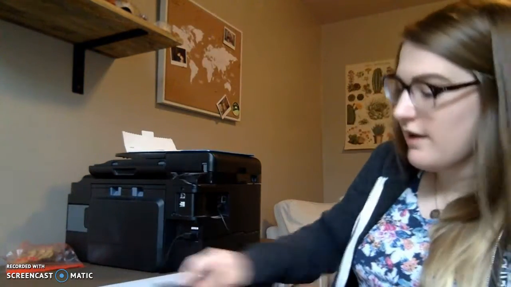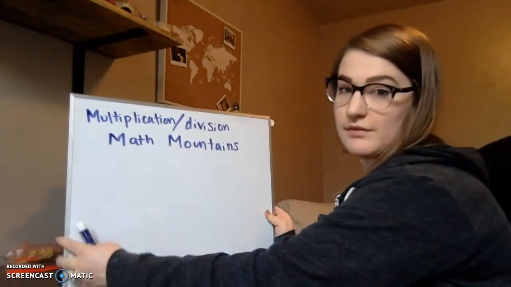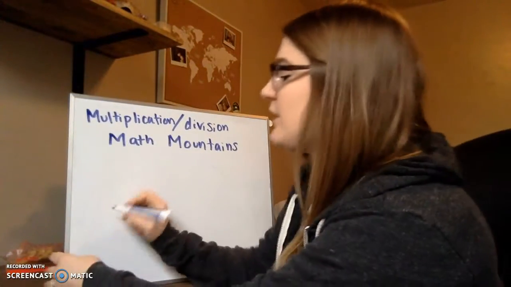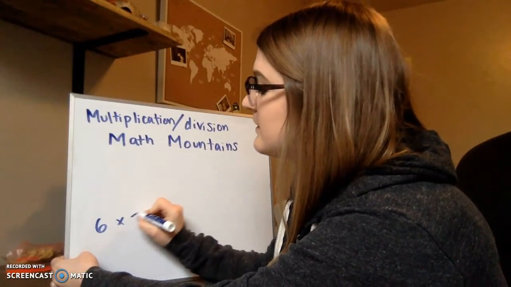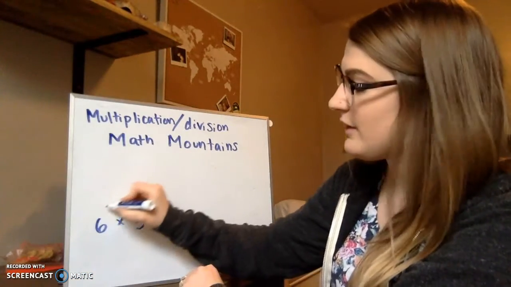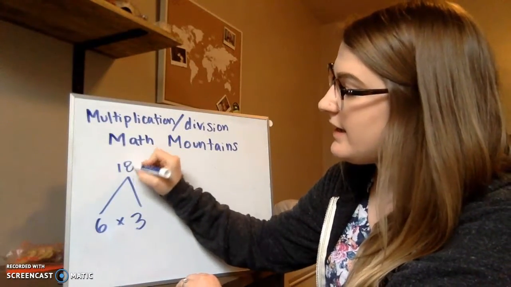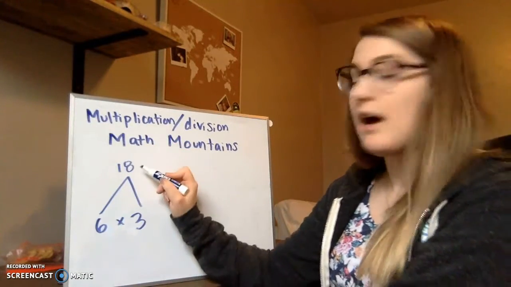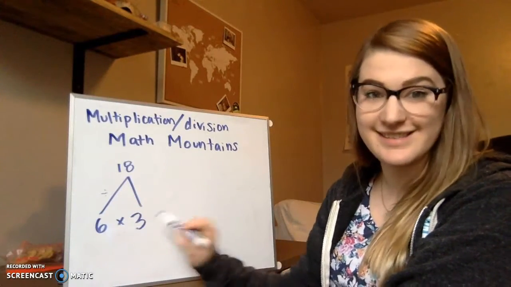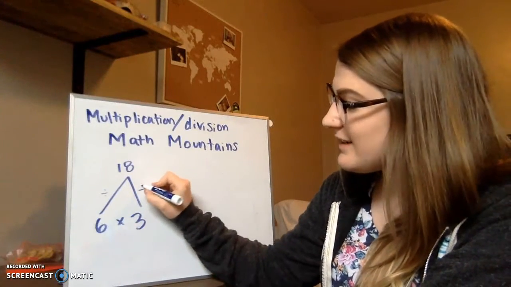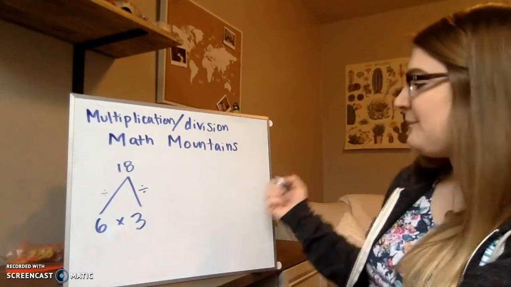So if we know what 6 times 3 is, we can make our little math mountain here. We know that 6 times 3 is 18, but that also tells us that 18 divided by 6 is 3, and 18 divided by 3 is 6. Let's try one more.